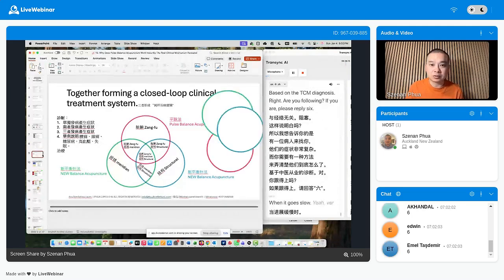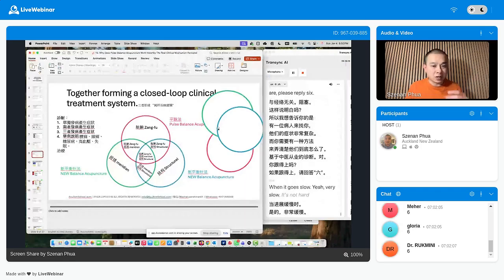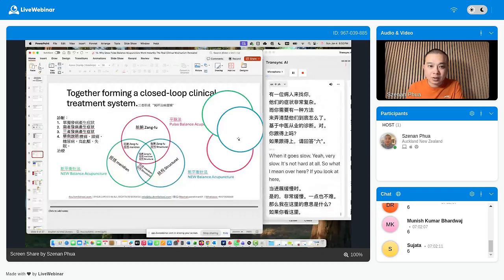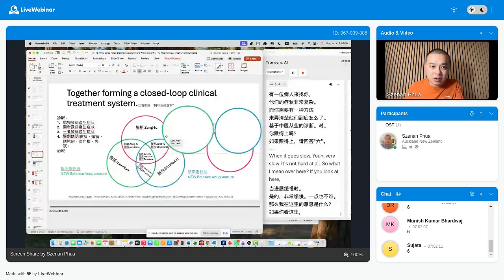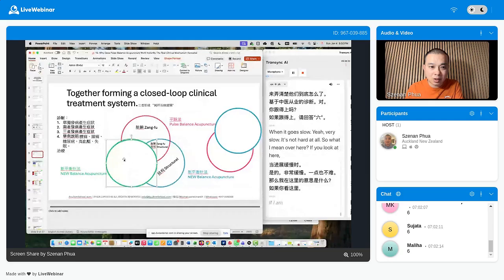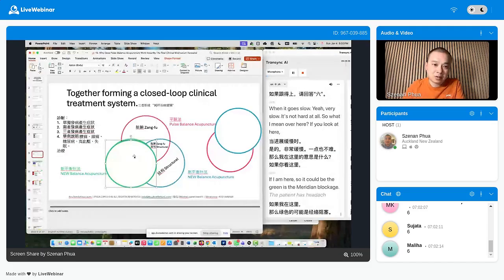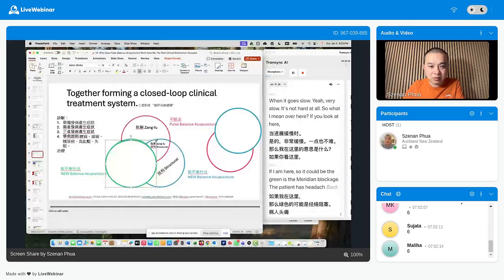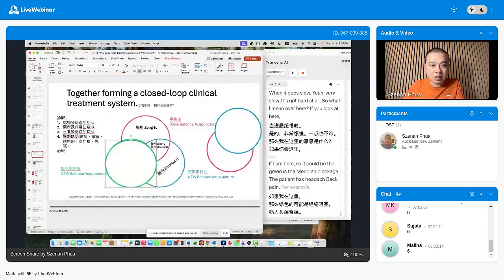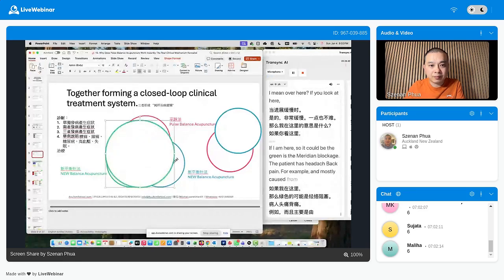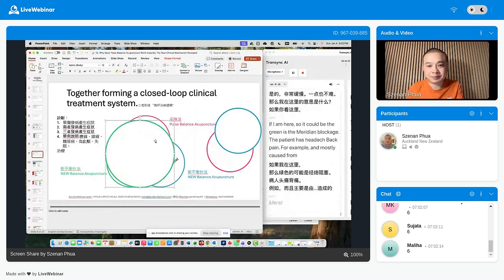It's not a hard rule. So what I mean over here, if you look at here, if I am here, it could be the green is the meridian blockage. The patient has headache, back pain, for example, and it's mostly caused by meridian blockage.